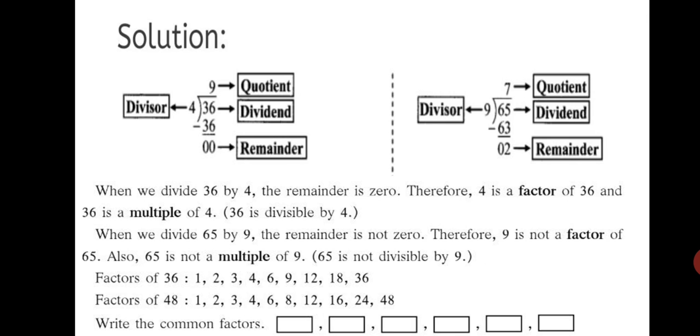Yes. 2 into 18, right? So 2 is a factor of 36. So like this, you have to find factors of 36 from 1 to 36. So 1, 2, 3, 4, 6, 9, 12, 18, 36 are factors of 36.